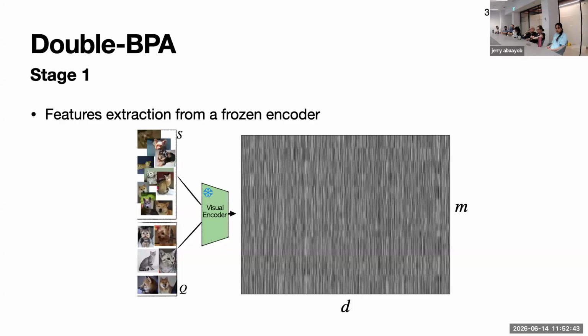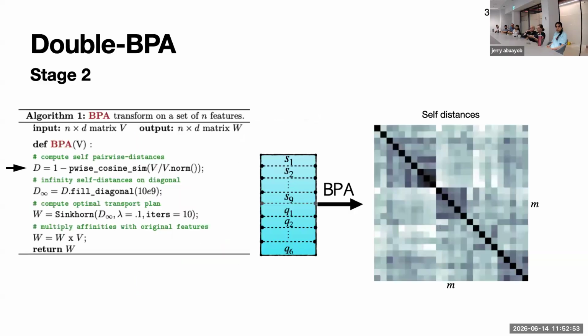Okay, so this is basically the pipeline. If we have this entire set, over here I called it M images overall, this is our matrix, and now this is the algorithm of the BPA. It takes the self-pairwise distances. By the way, this can be any distance matrix that you want.